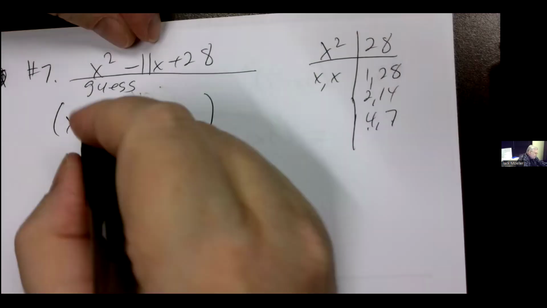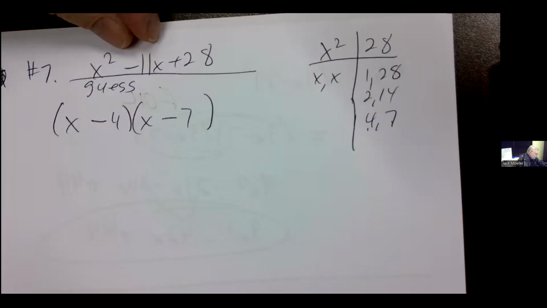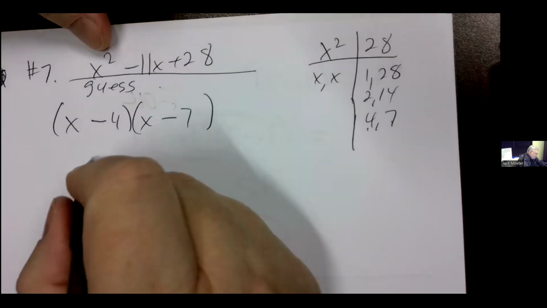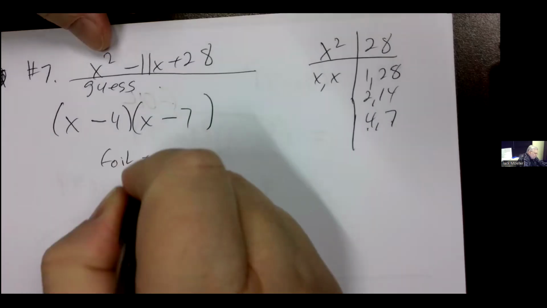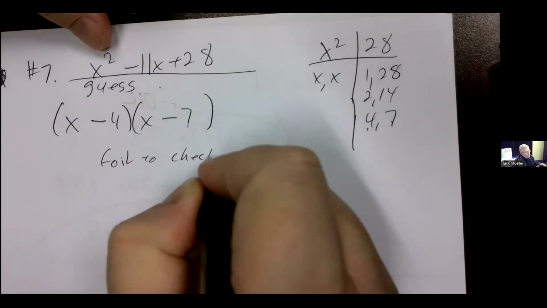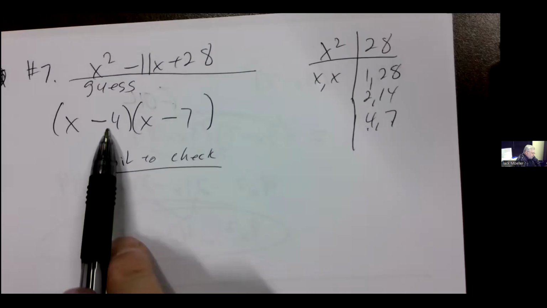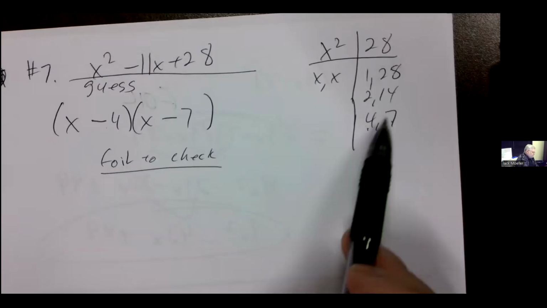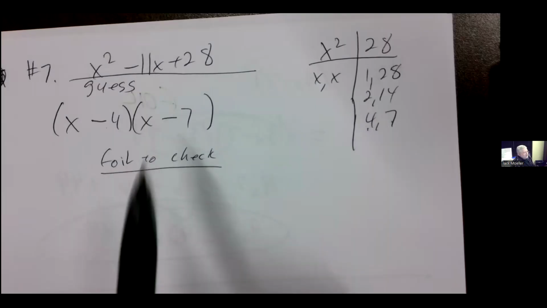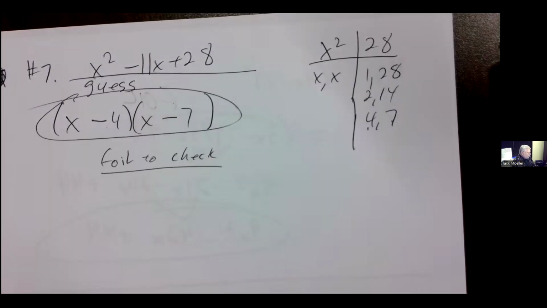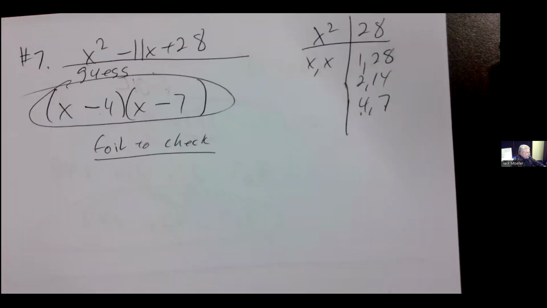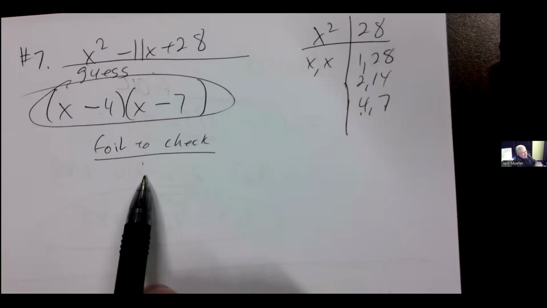And being a test, go ahead and check it, FOIL it out to check. Whether or not you do that might depend on how comfortable you are with your factoring, but minus 4, minus 7 is minus 11, and that gives me plus 28. Sometimes students, after they FOIL it, get the original expression and put that back in MATLAB.